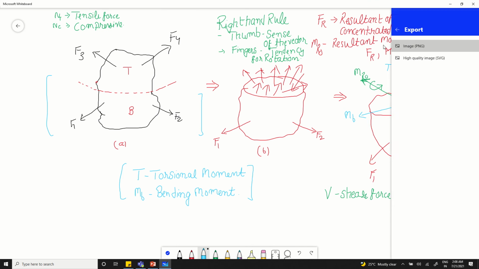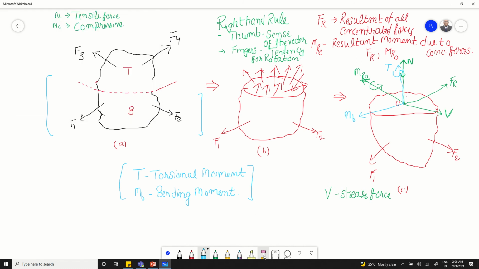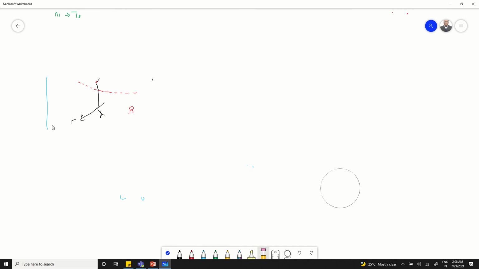Before that, let us save this as P5. So the second topic that we are covering will be internal loadings in case of coplanar loading.